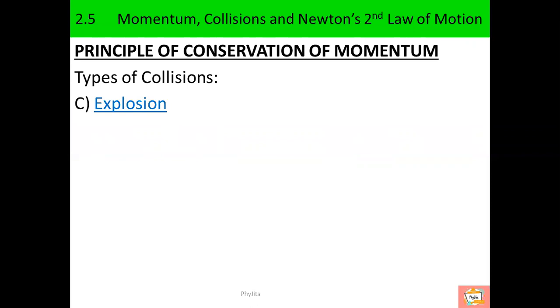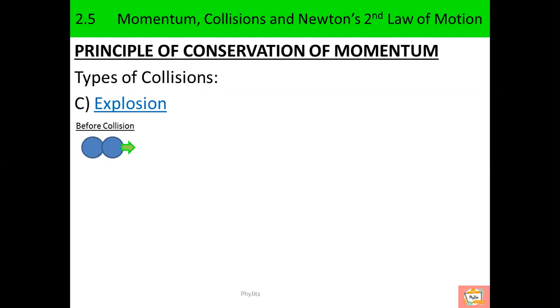And the last type is known as the explosion. An explosion example would be firing a gun, or a bomb itself splitting into fractions, the debris of it. So in explosion, before the collision, it is one object. It may be moving or it may not be moving, like a bomb.